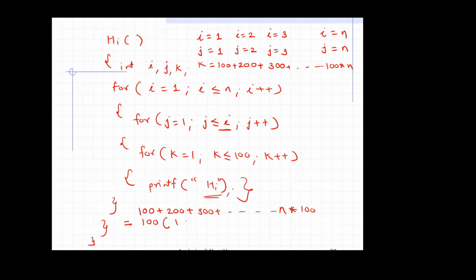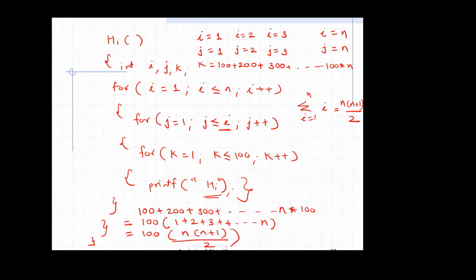So we will take 100 common, and inside you will realize it is a summation series: 1 plus 2 plus 3 up to n. Now we know the formula for this series, right? 1 plus 2 plus 3 plus 4 up to n. What is the formula of this summation series? If i goes from 1 to n, and we are adding i up to n, then that is n multiplied by n plus 1 divided by 2. So we are going to use the same formula: 100 multiplied by n times n plus 1 divided by 2.